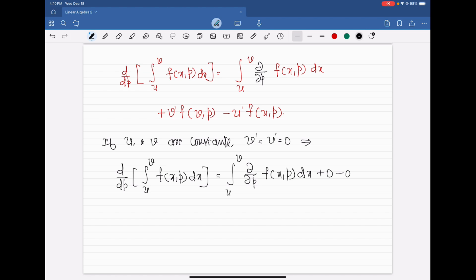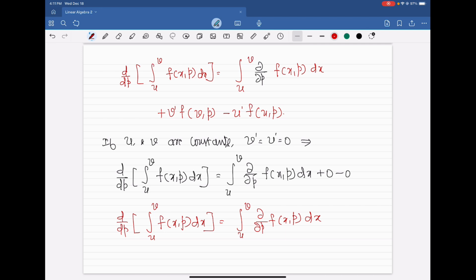When the limits of an integral are constant, then the Leibniz equation will be d by dp of integral u to v function xp dx is equal to integral u to v dou by dou p of function xp dx.